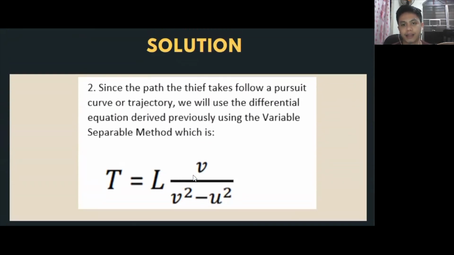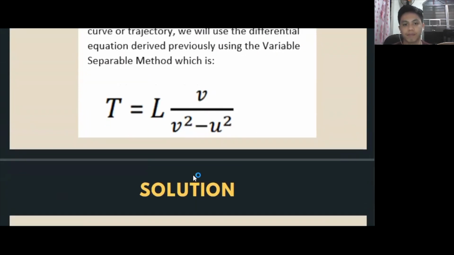Since the path the thief takes follows a pursuit curve or trajectory, we will use the differential equation derived previously using the variable separable method, which is t is equal to L multiplied by v all over v squared minus u squared.